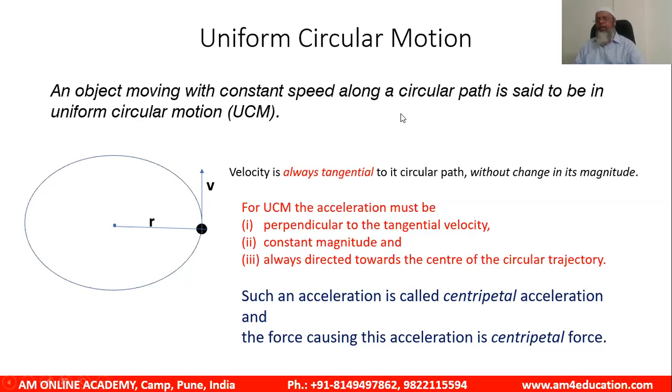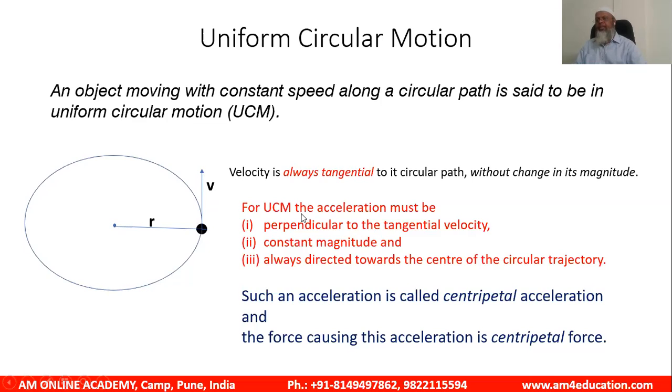So in order to have a uniform circular motion, the acceleration must be perpendicular to the tangential velocity. Now this is the direction of velocity, so the acceleration should be perpendicular to it. That is along r, directed towards the center of the circular path, and it should also be constant.